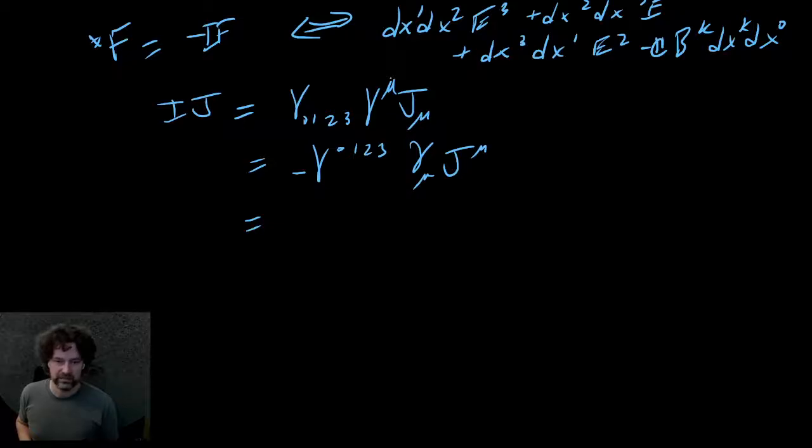So that is now minus gamma_0 gamma_1 gamma_2 gamma_3 plus gamma_0. So if mu is 2, then commuting with gamma_3 flips the sign, then the gamma_2's obliterate, and I'm left with gamma_0 gamma_1 gamma_3, J^2.